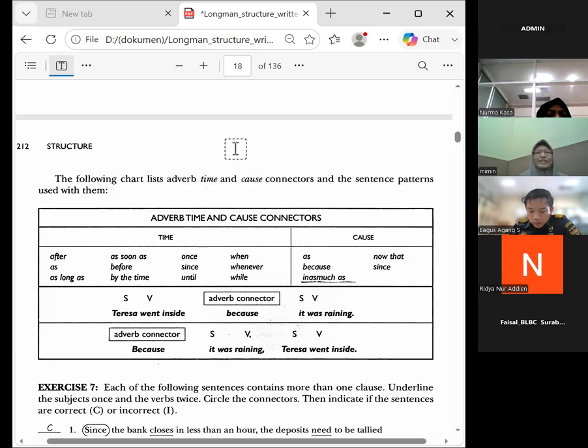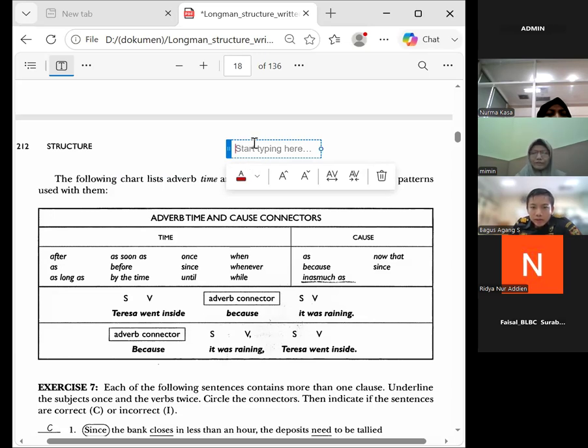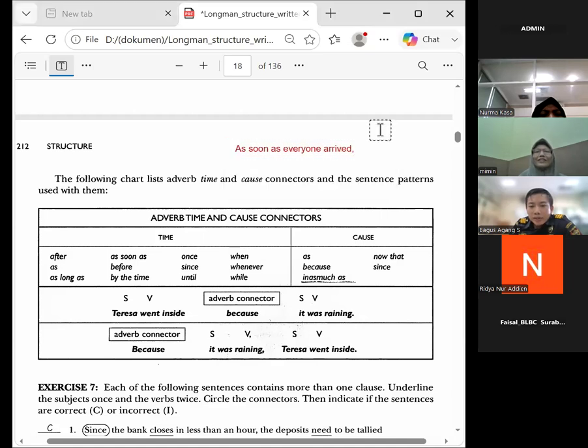For example, as soon as everyone arrived, can you continue the sentence? Can I just call a name from here? Rini, please. As soon as everyone arrived, can you continue my sentence?